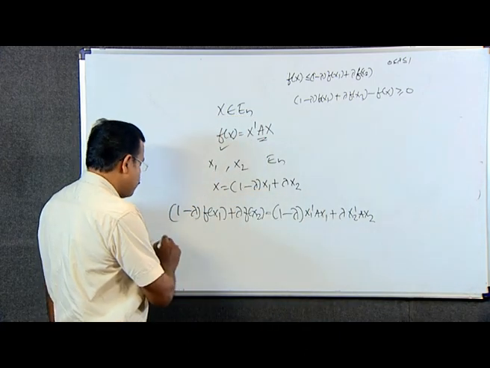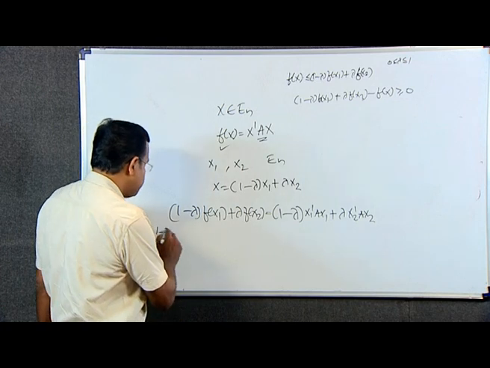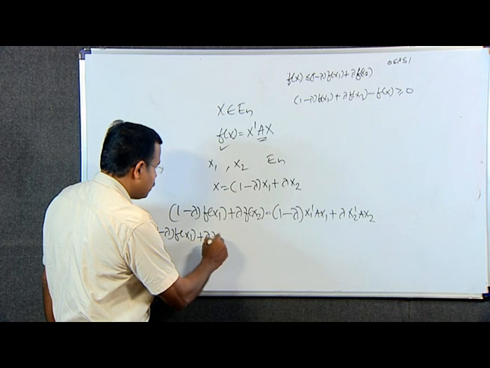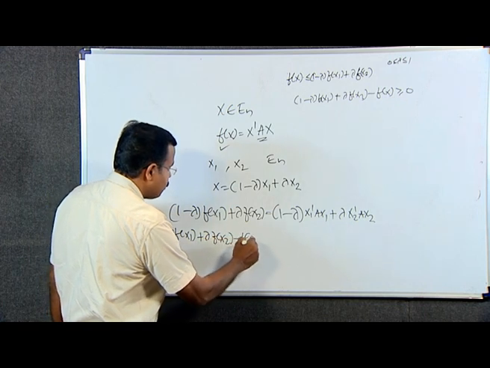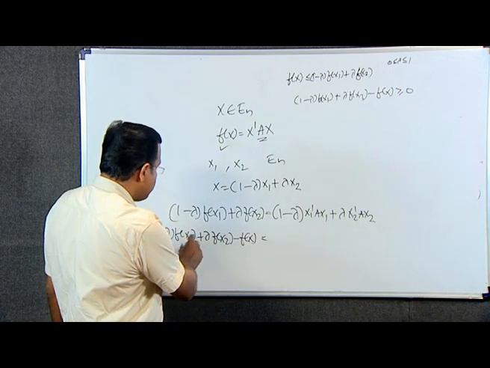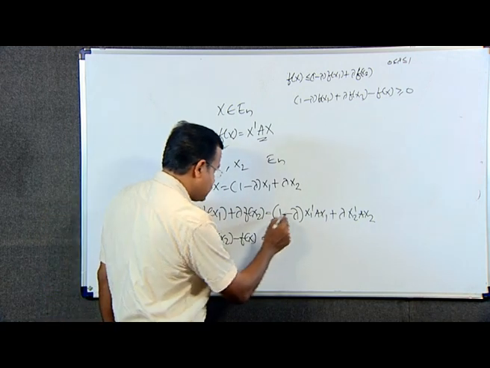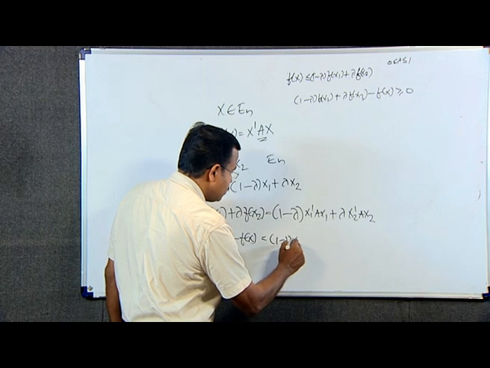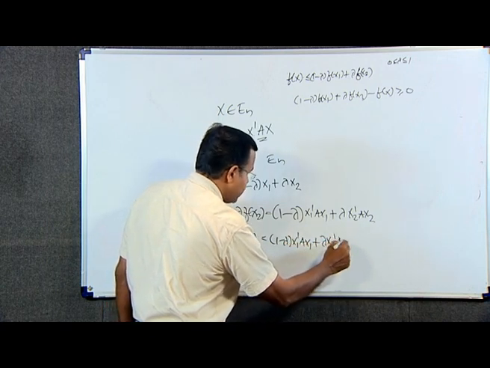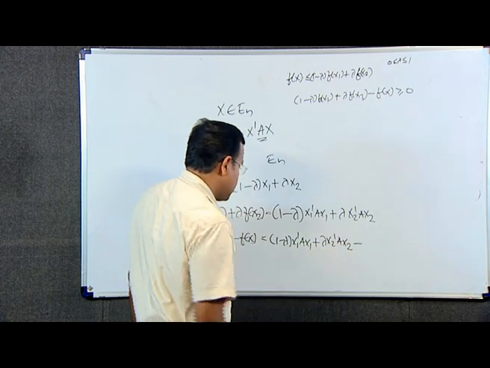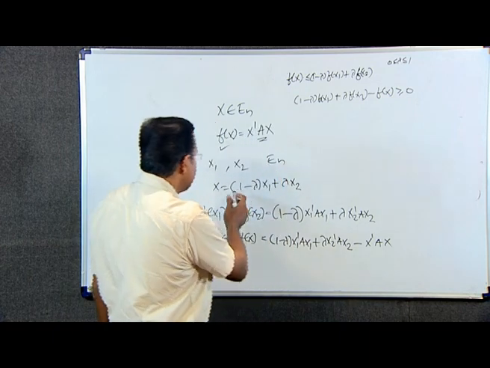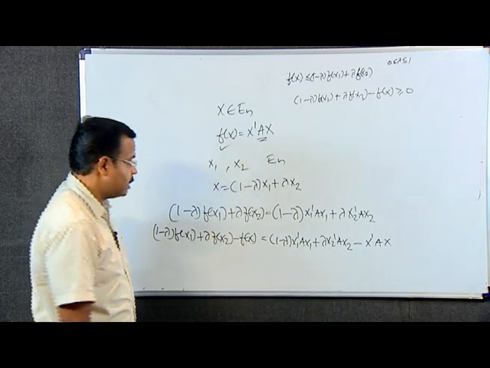Here we are trying to find what 1 minus lambda into f of x1 plus lambda into f of x2 minus f of x is in our form. This is equal to 1 minus lambda into x1 dash Ax1 plus lambda into x2 dash Ax2 minus f of x, which is x dash Ax, but our x is 1 minus lambda into x1 plus lambda into x2.